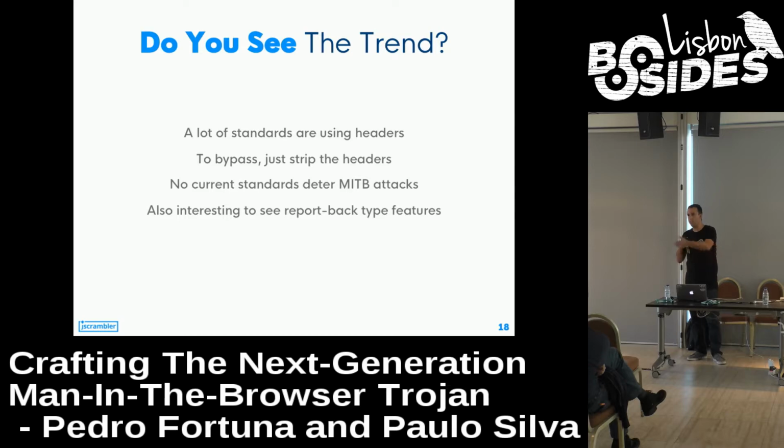As I said, CSP doesn't do anything to block any script injection from browser extensions. As a side note, it's interesting to see that some of these standards have report back capabilities, which is interesting because security professionals want to know when their policies are being offended, right?